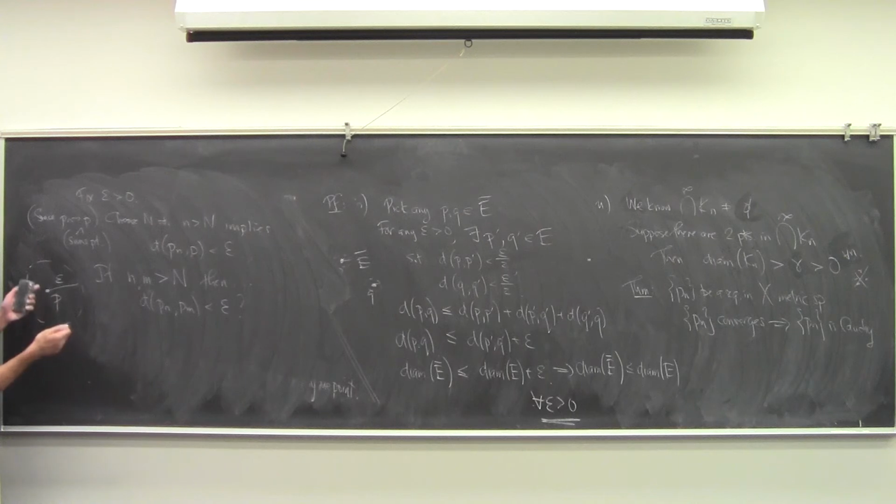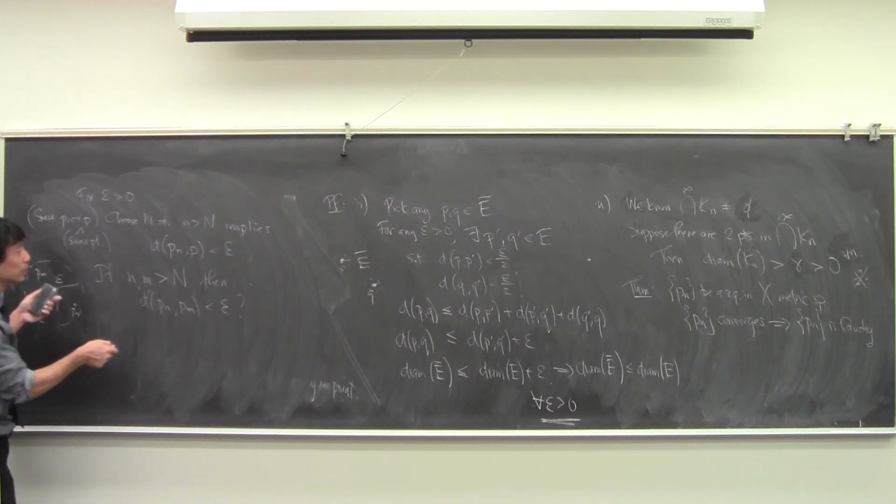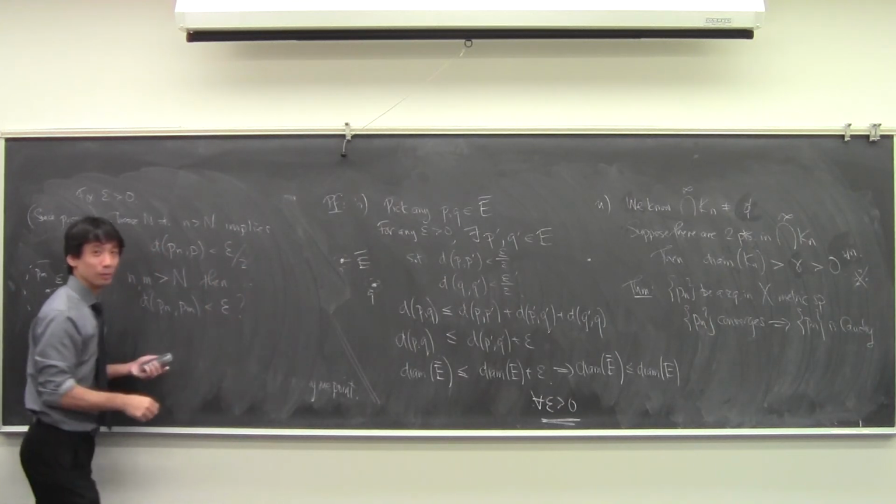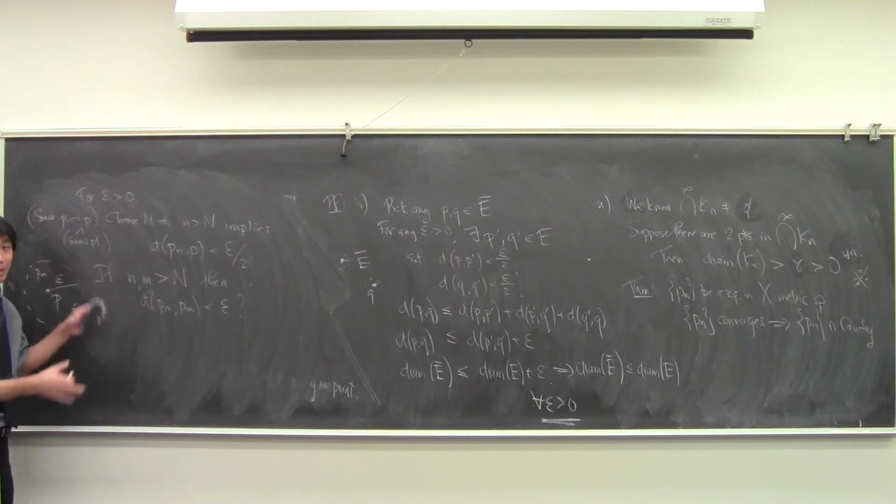You're saying, let's choose a time past which all of my guys are inside this epsilon neighborhood. So they're within epsilon of P, but they're not necessarily within epsilon of each other. They're within 2 epsilon of each other. By the triangle inequality, the distance from here to here is smaller than this distance plus this distance, which is 2 epsilon. So you just need to fix it up a little bit with the 2. But you had basically the right idea.